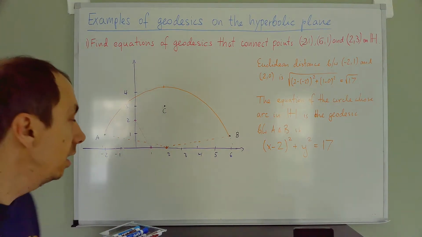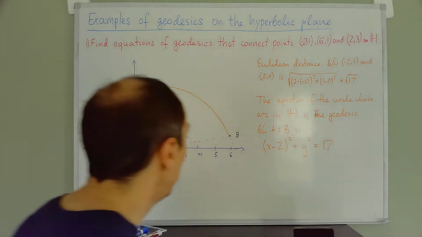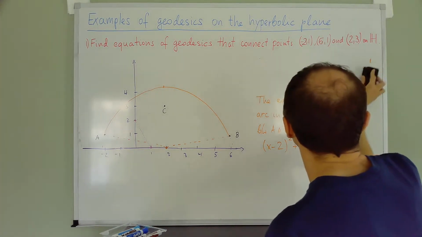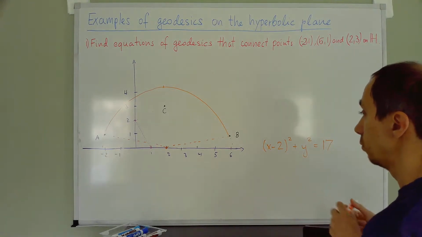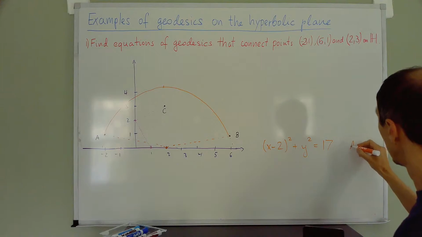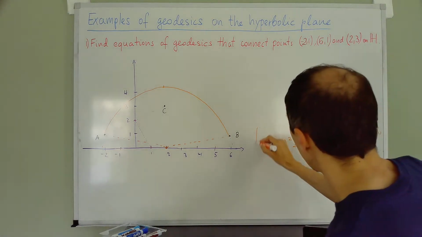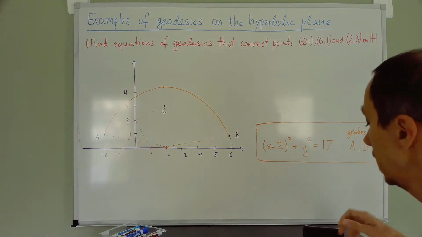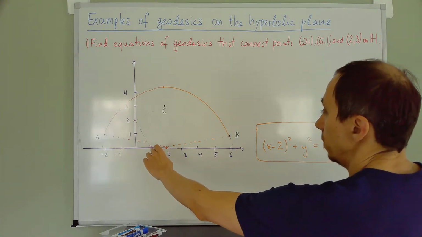So that is going to be the center of the circle that connects A and C. All I need to know is the radius, but that again is easy because I just compute the Euclidean distance. I'm going to leave this equation here. This equation was for AB, the geodesic between A and B. So if I connect A and C, what's the radius?